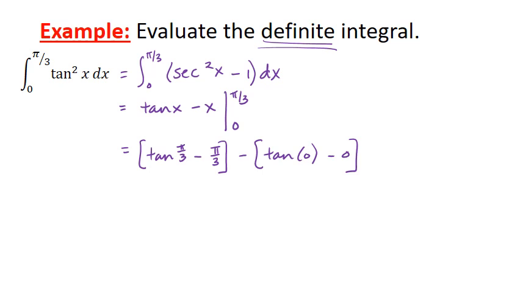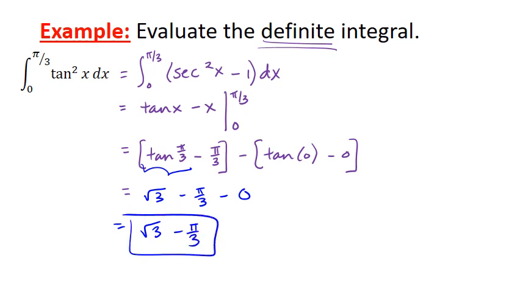All right, so hopefully you have been practicing your unit circle and you are able to recall that tangent of pi over 3 is the square root of 3, minus pi over 3, minus tangent of 0, which is just 0. So this is just minus 0 over here. So root 3 minus pi over 3 is the exact value for the answer here. And this concludes section 8.3.